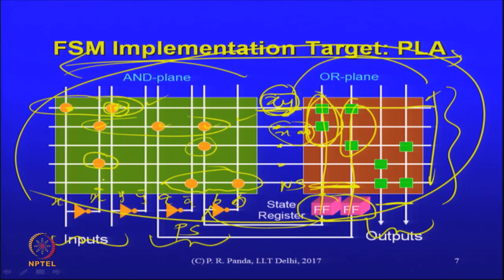So there is some such flexibility available, but in general when we talk about a PLA structure, we put both the x and x bar lines. So there is really not much flexibility. Overall, not much flexibility is there in the choice of the number of columns other than the state register length. But this is the bigger dimension on which there is some flexibility, and we can make an encoding choice that optimizes the number of rows in the PLA.